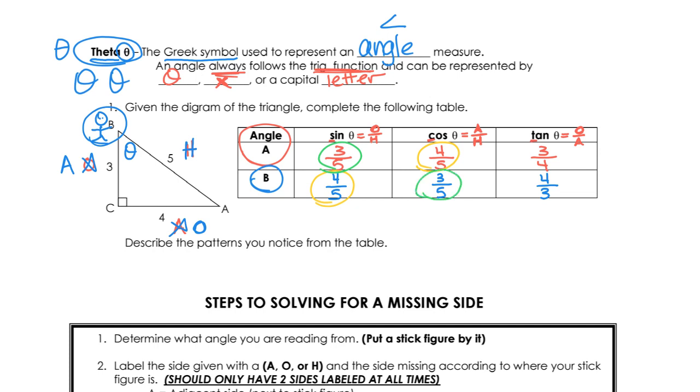And we have these being what they call reciprocals of each other. All right. So down here it says describe the patterns you notice from the table.